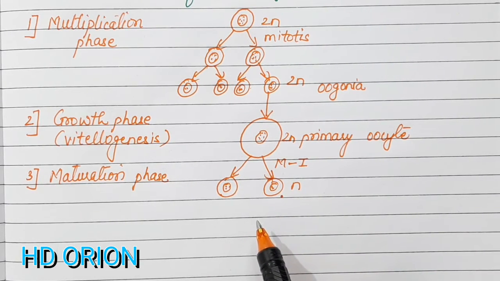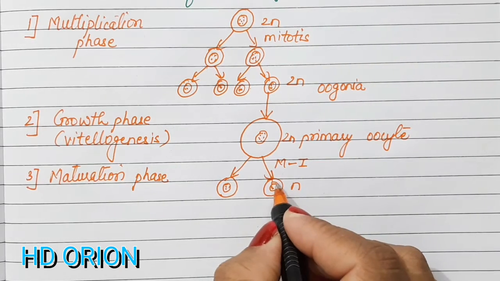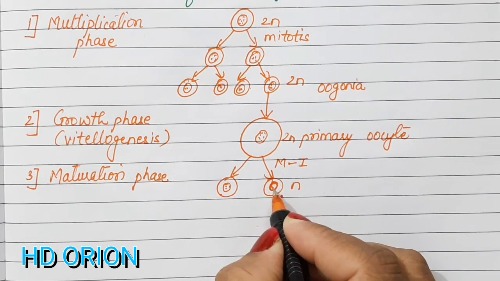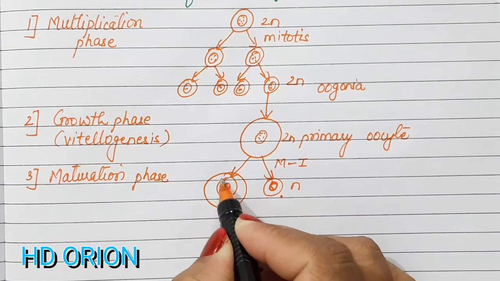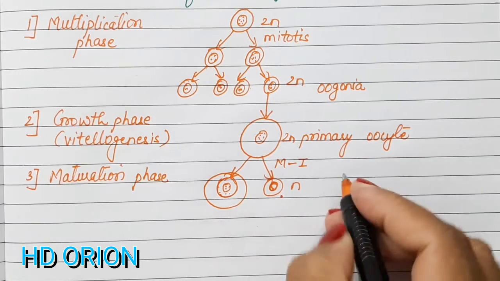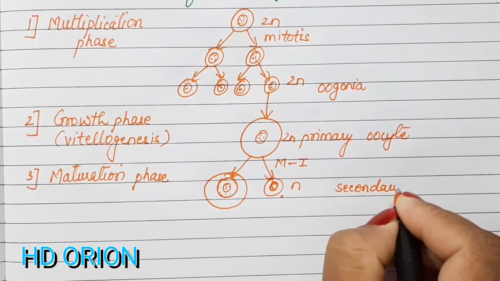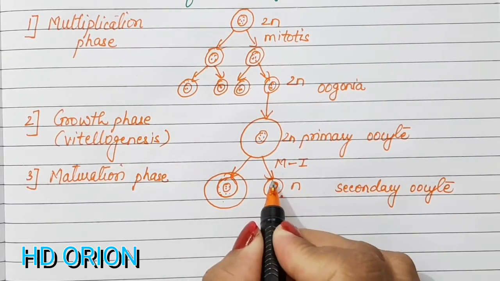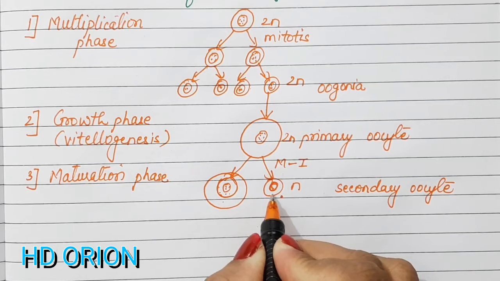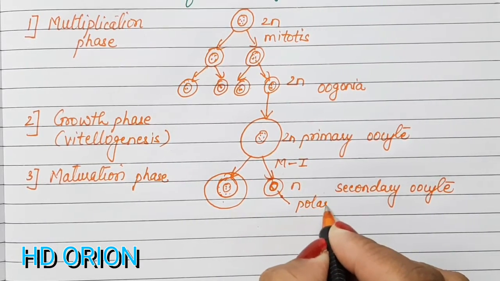The division of nucleus, which is karyokinesis, is the same, but the division of cytoplasm is unequal. So one cell is considerably small, but the other cell is considerably big, and this is called the secondary oocyte. And the small one, which does not retain enough cytoplasm, is called the polar body.